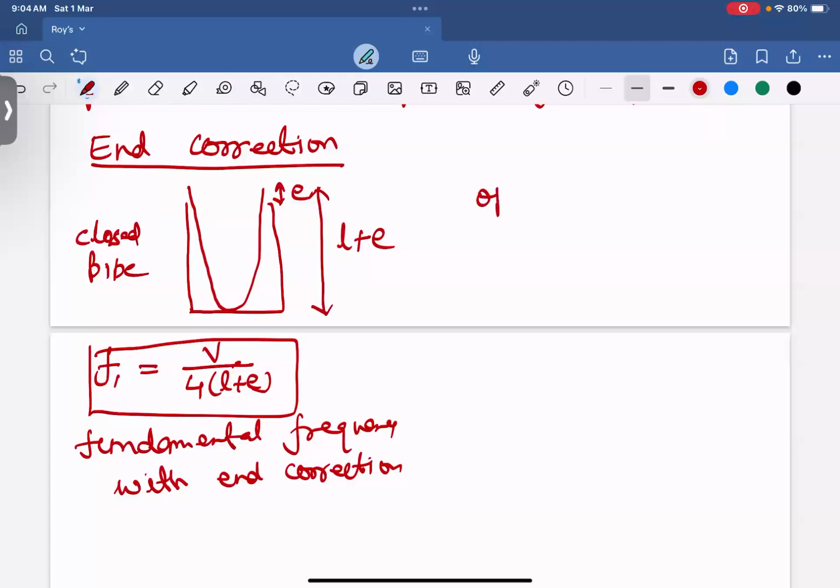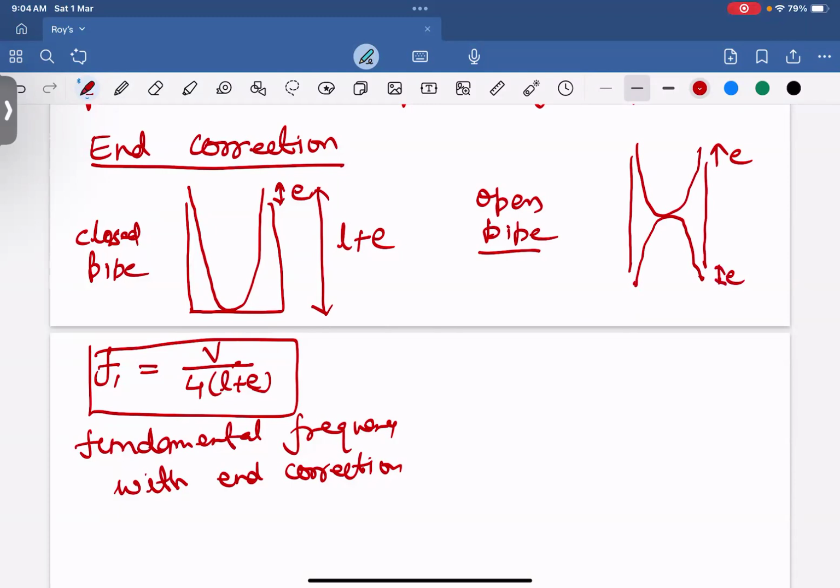If you have an open pipe, then at both ends it will go slightly above like this, upside also and downside also. So here is also E and here is also E. That means the length of the air column becomes L plus 2E.